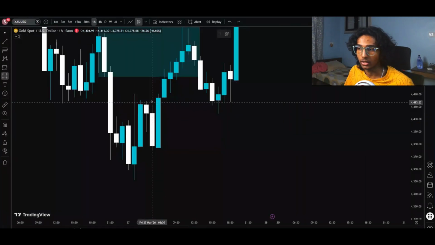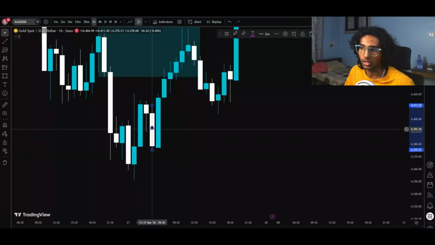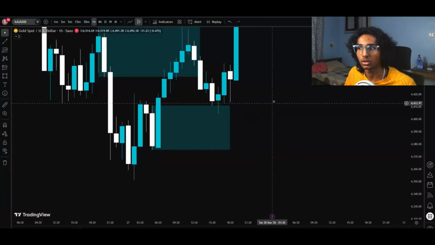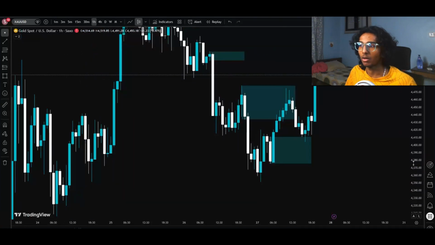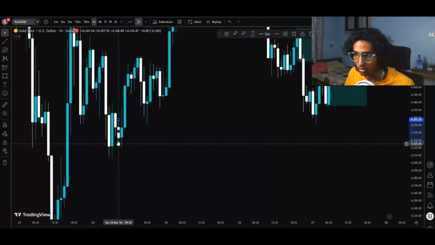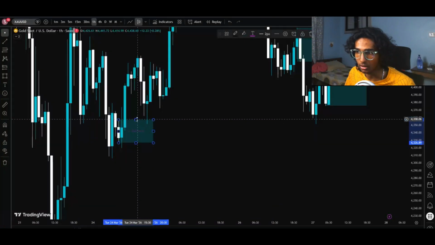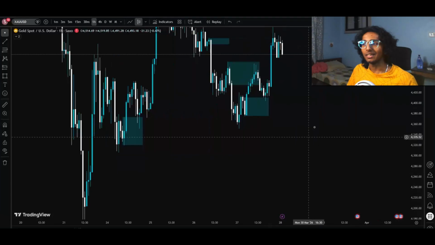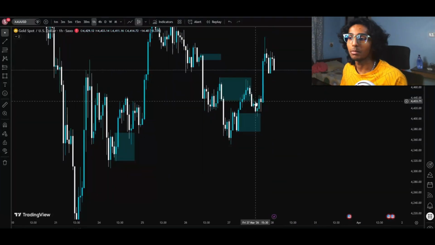Sorry, this is a down candle which created an up move, and there was an FVG over here. So done, this is how I mark supply demand. In this case this one was the down candle it created, but I'll be including this as well. This is how I mark supply and demand.